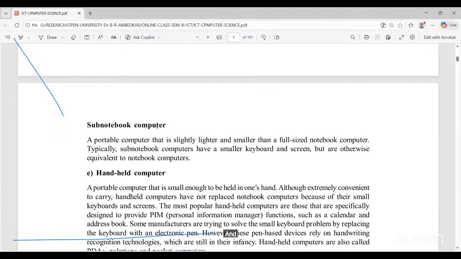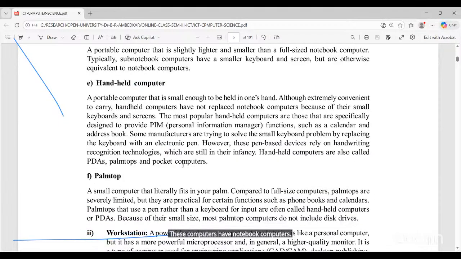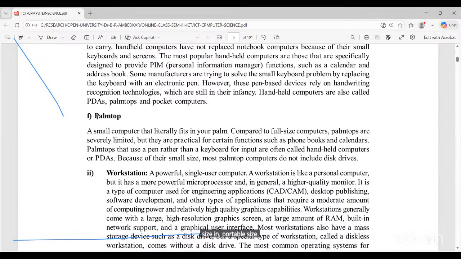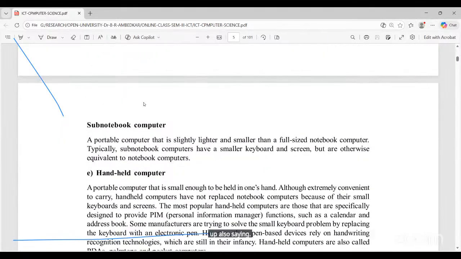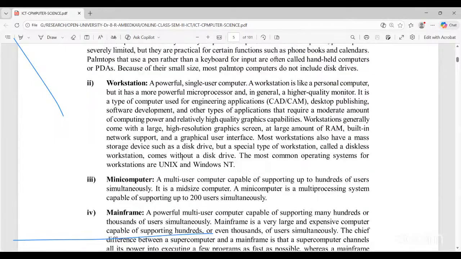And sub notebook computers are also very light, I mean lightweight computers smaller than full-size notebooks. Handheld computers are also the same, like laptop computers, very small and portable in size. Palmtop is also the same as handheld and laptop.